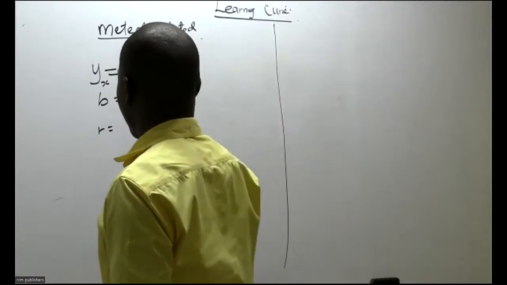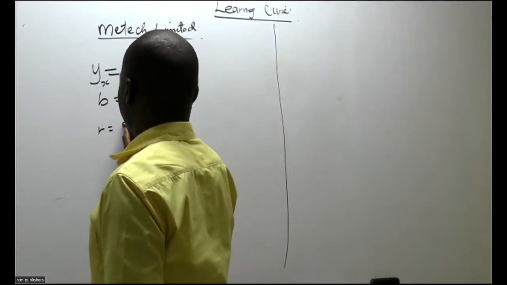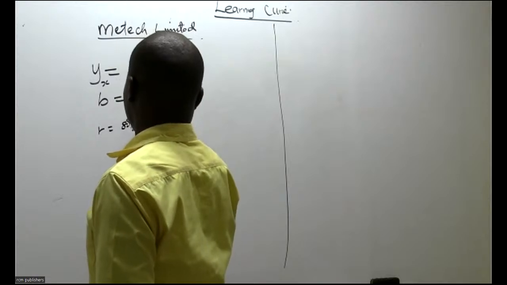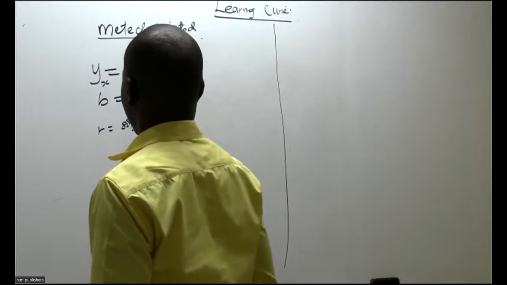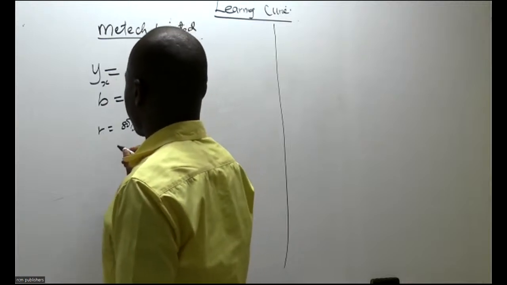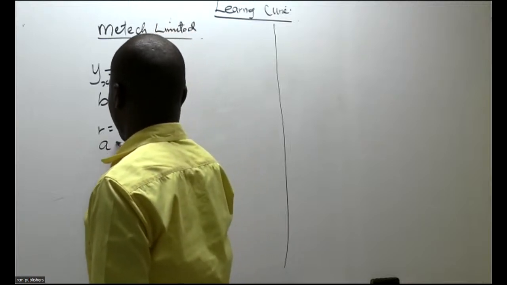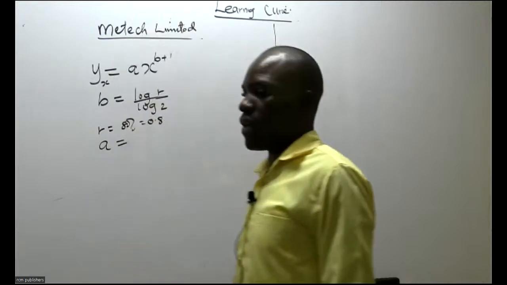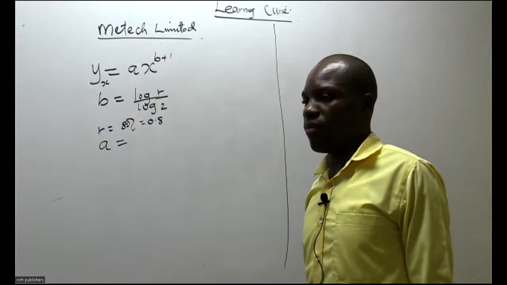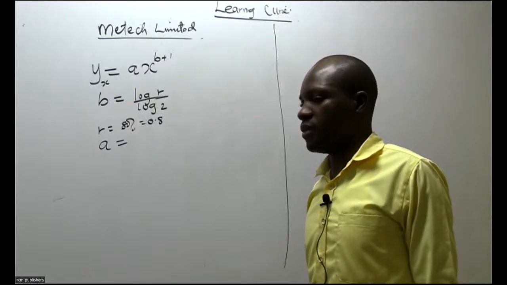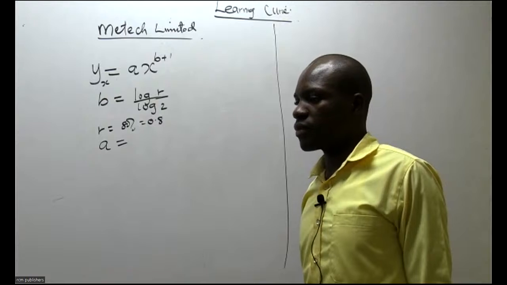We have been given r to be 80%, which is the same as 0.8. Then have we been given x or a? I want you to help me to identify a, because with a, we'll be able to do something. Have we been given the value of a in the question?